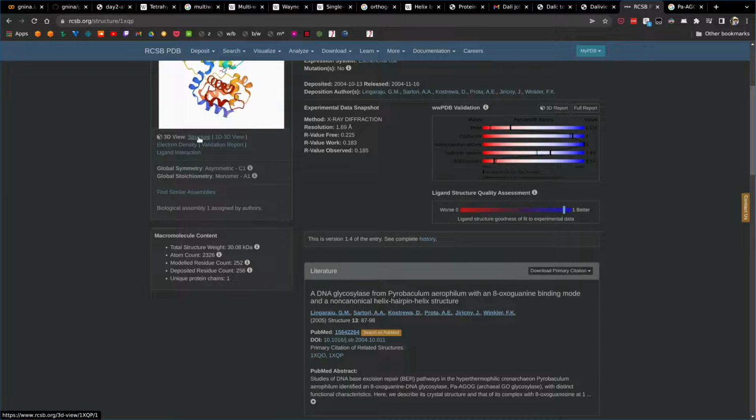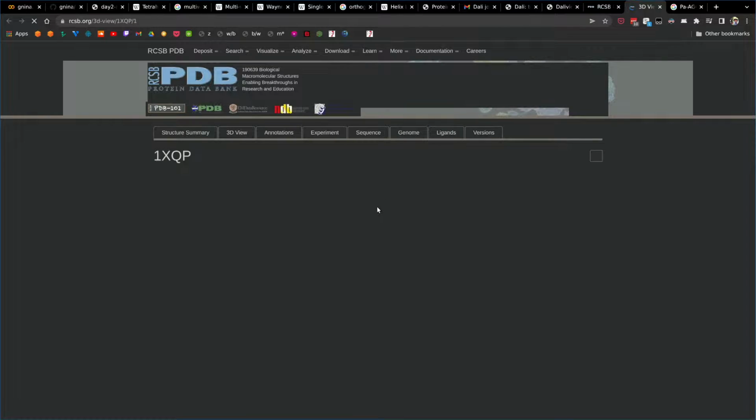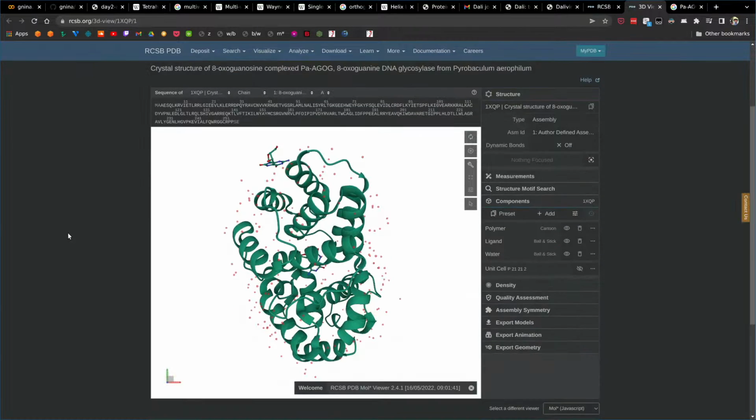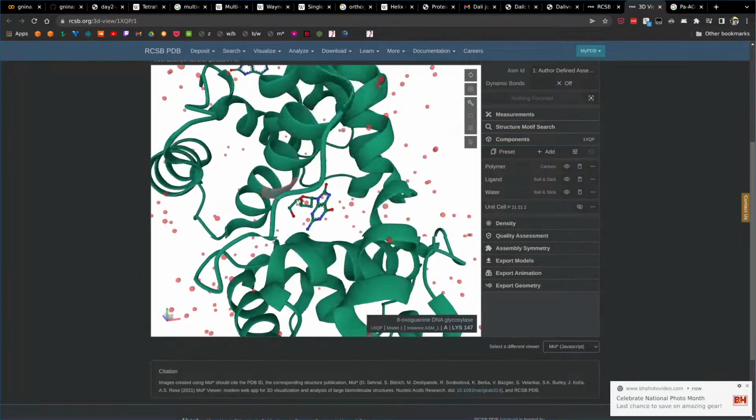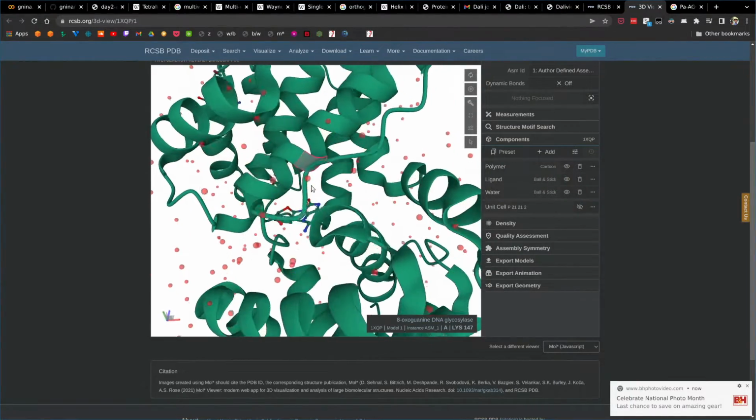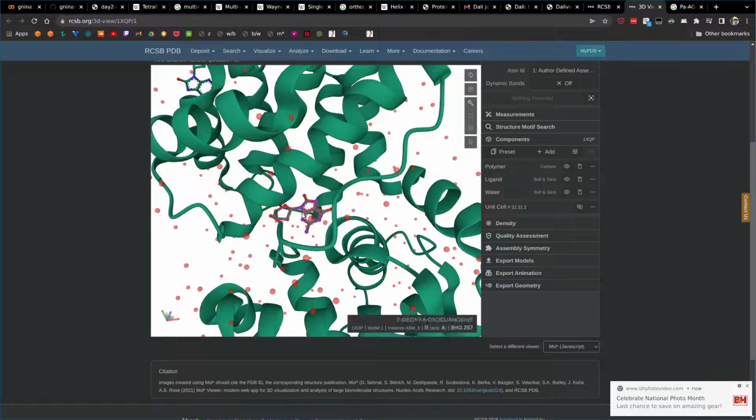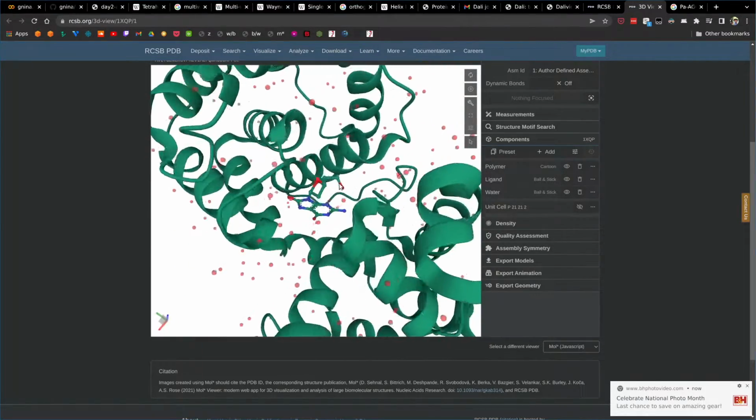3D view. Structure. Oh yeah, that looks similar, right? You got this guy here, and then this ribose here.